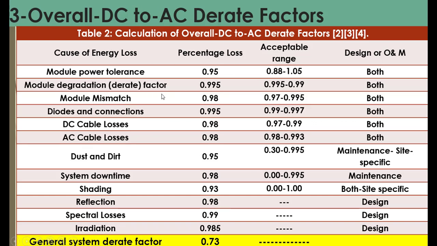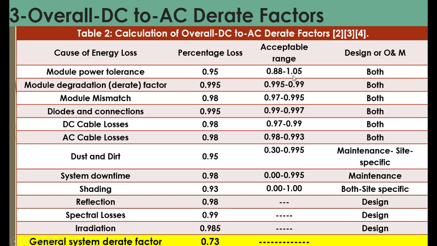This table, with more details, represents optional values of the overall DC to AC derating factor: cause of energy loss, percentage loss, acceptable range, and design or operation and maintenance source of losses. As an example, module power tolerance, this value 0.95.